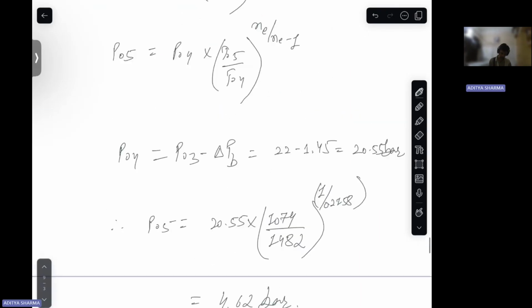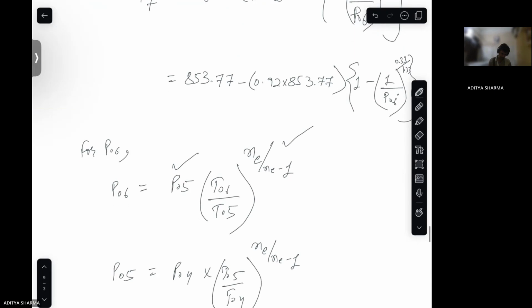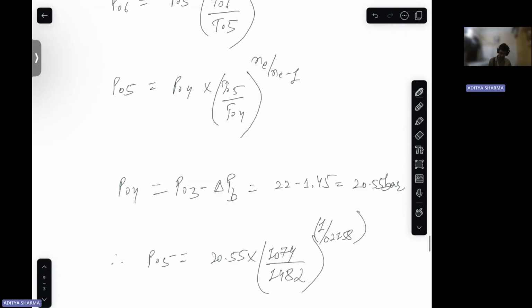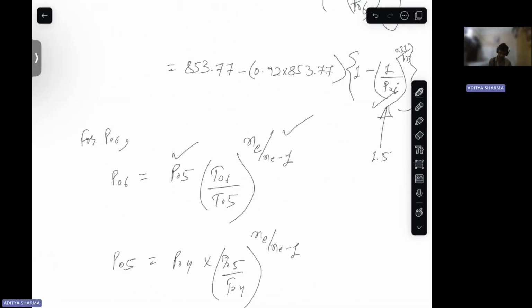Now P naught 6 we have, and we can place this here. P naught 6 can be placed here. This value is 1.59.